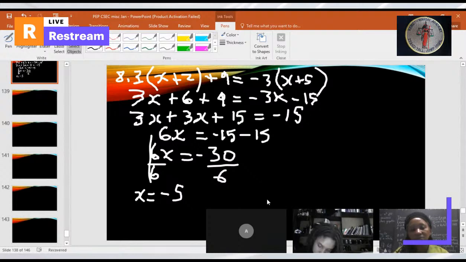I'm going to put back the plus 9 equals, in the second bracket it would be negative 5 plus 5, which is 0. So negative 3 times 0 is 0, and it would give us 0 equals 0. All right, so we have zeros on both sides, so we know we're correct.